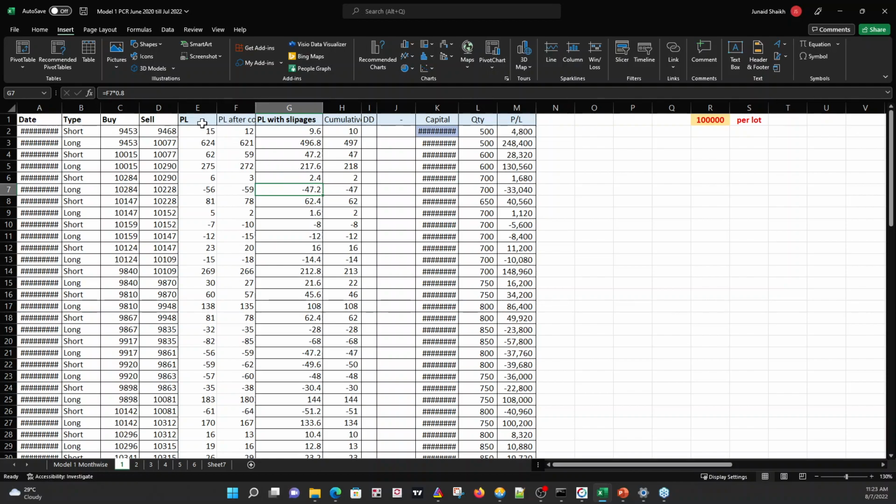Overall, if you see the profit, the total model points were 2,400 points, and with slippages and cost and everything, we are considering only 1,700 points, which is more practical, and this is what we keep getting in our real accounts also.